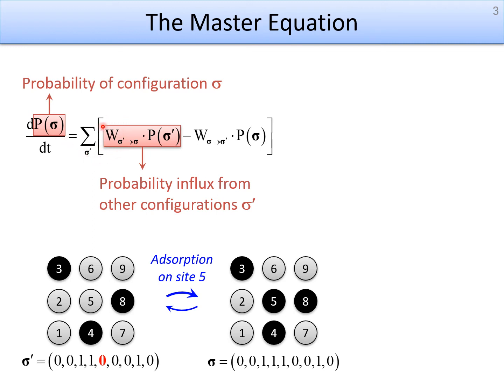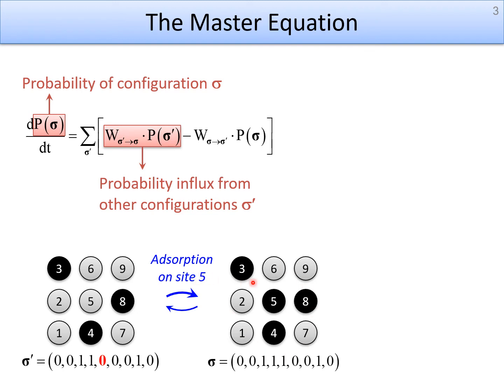So this W corresponds to the transition probability from going from state sigma prime to state sigma, and of course this is the probability that we are in that state sigma prime. So the probability that we are here times the transition probability that we go towards state sigma, sum over all states sigma prime. This is the total probability influx, right? All of this with the sum, the total probability influx towards this state from every other state.